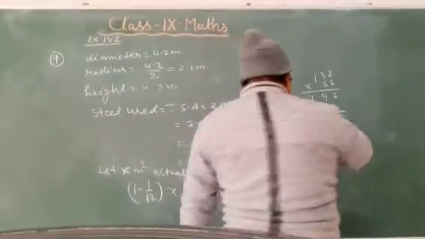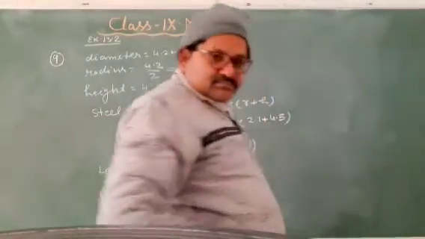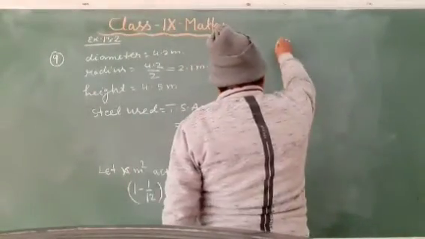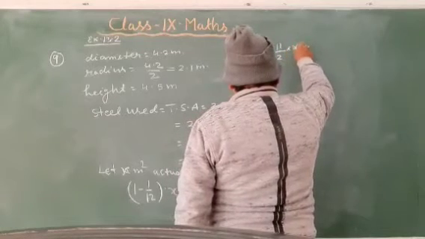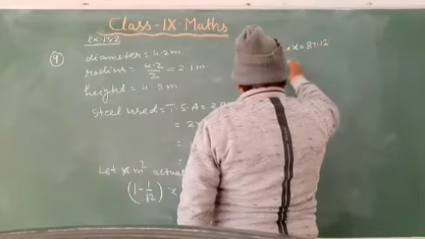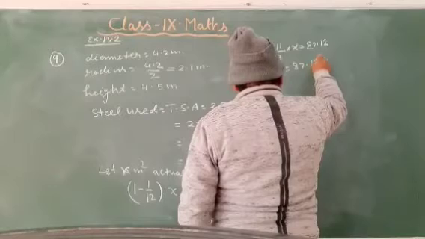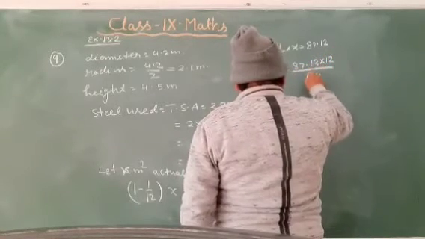Therefore, 11 upon 12 into x equals 87.12, and x is equal to 87.12 into 12 upon 11.